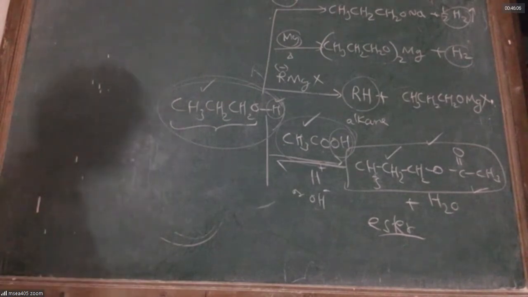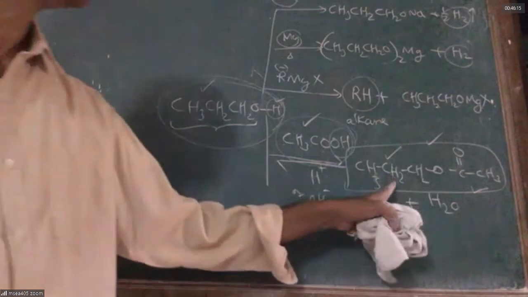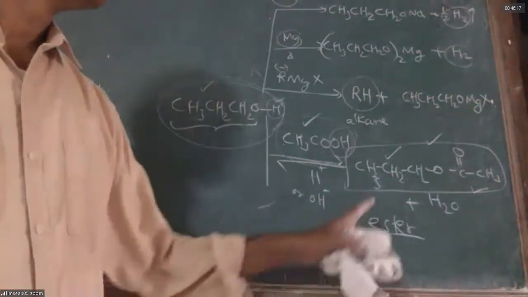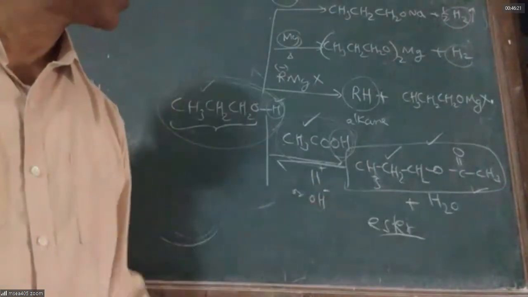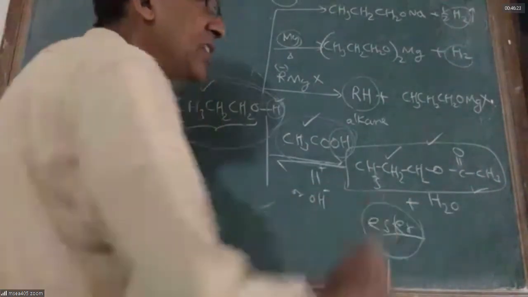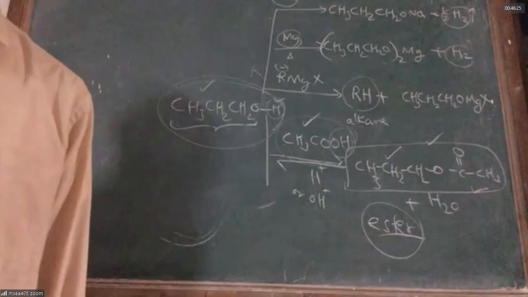What is the name? Esterification. What does it mean? Reaction of a carboxylic acid with alcohol. What do I get? Ester. What is the general formula of esters? RCOOR. What is the feature of esters? They have a pleasant smell. They cause perfume in fruits. They cause perfume in flowers.